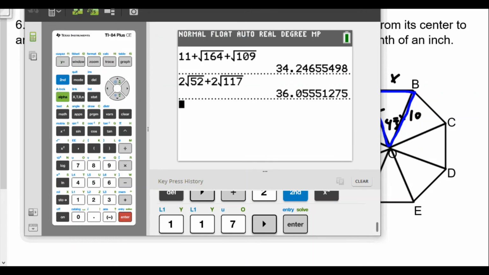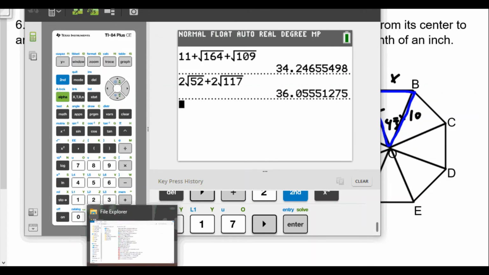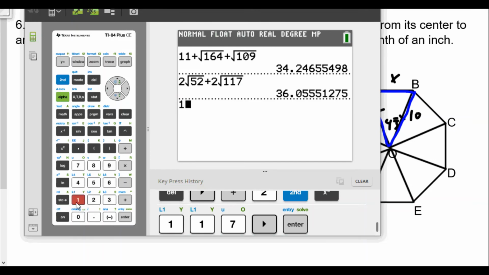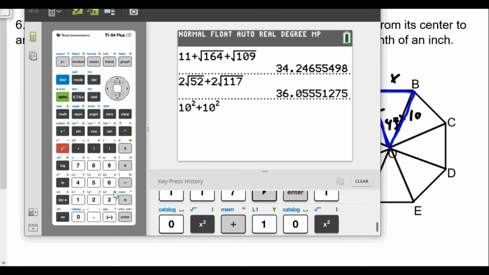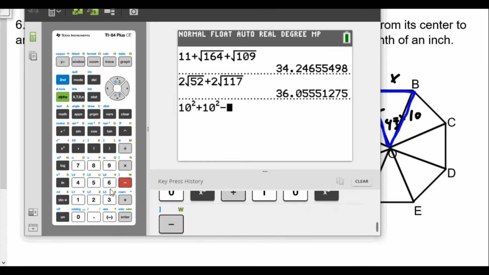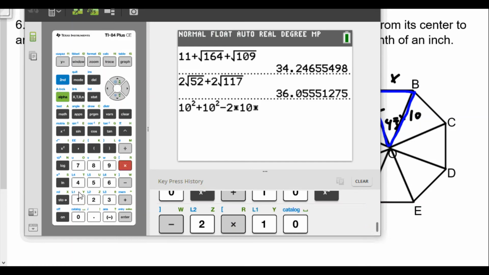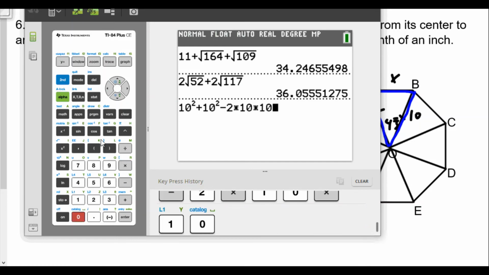And so we have in this case, we're going to do 10 squared plus 10 squared minus 2 times 10 times 10 times the cosine of 45 degrees.